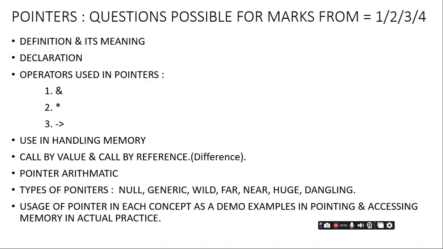Second is the generic pointer, that is, in general, a pointer. Third is the wild pointer, then far pointer, near pointer, and huge pointer. Within those 4 types, near and far are the basic 2 types.